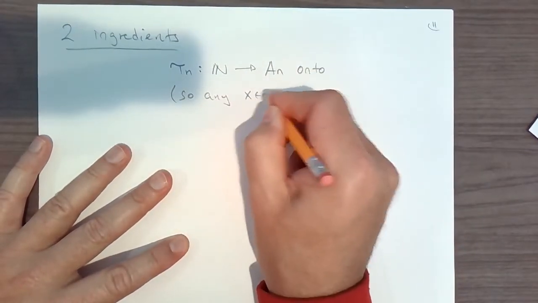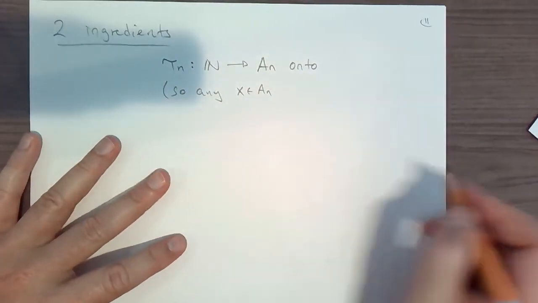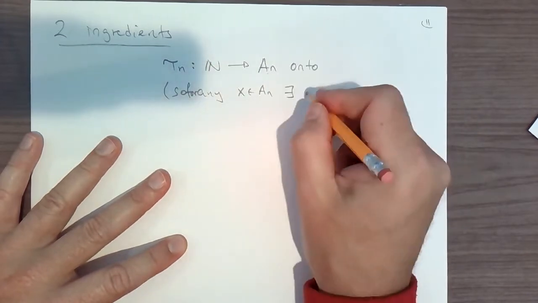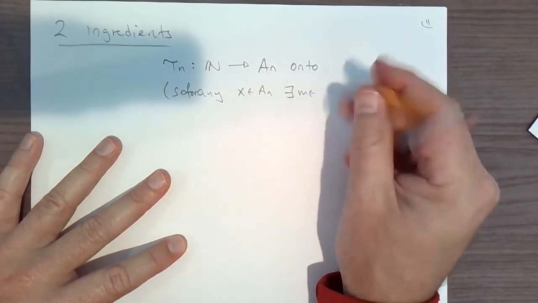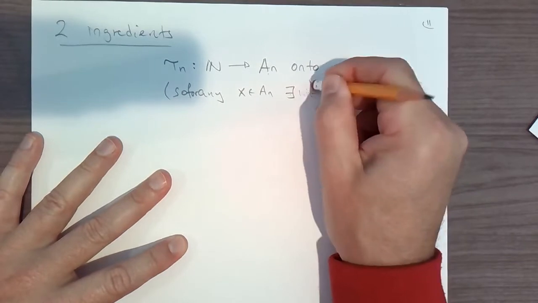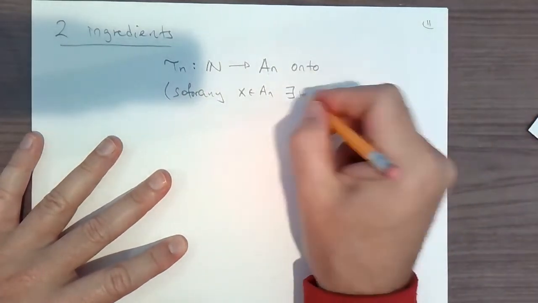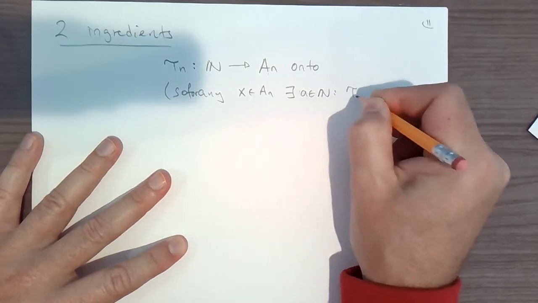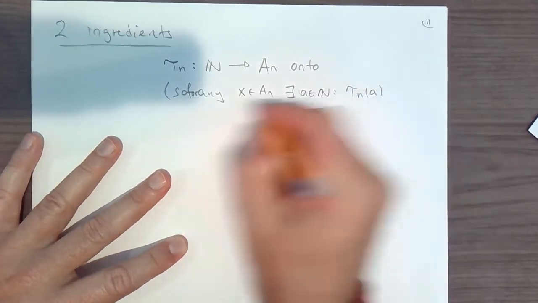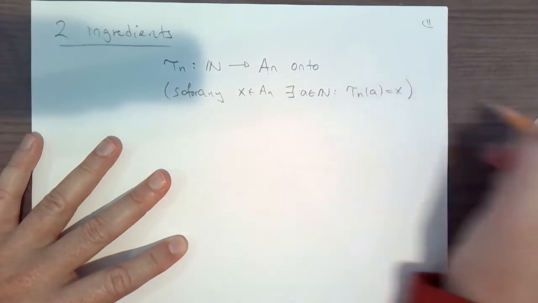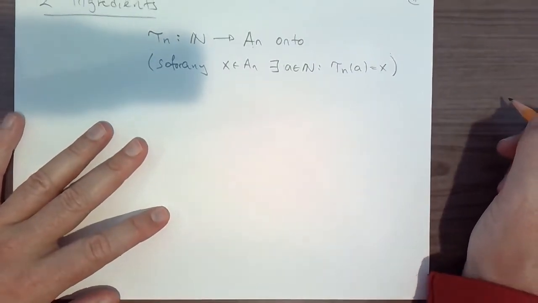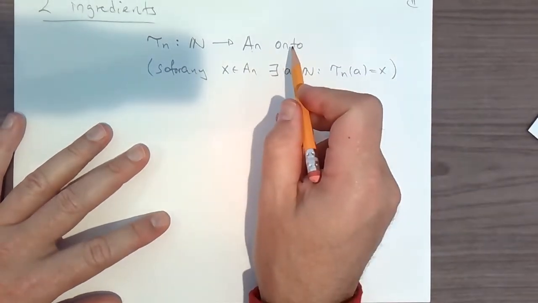So for any x in A_n, there exists some natural number such that tau n of a gives me that x. That's what it means to be onto, right?